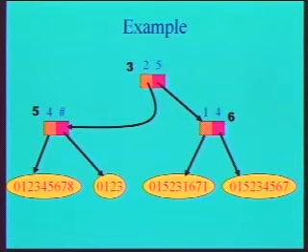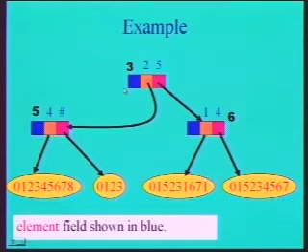So for example, if this is our 10-way trie, I'm going to augment each of my branch nodes. I haven't done that yet. Each branch node is going to get another field called an element field. This can point to any one of the element nodes in the subtrie of which it is root. So for example, this fellow could point here, but it could also have pointed there or here or here.